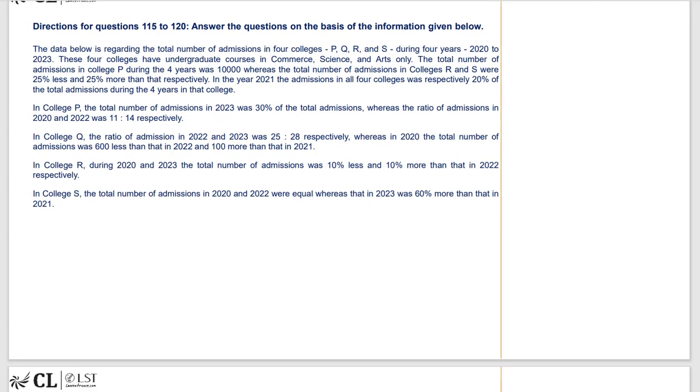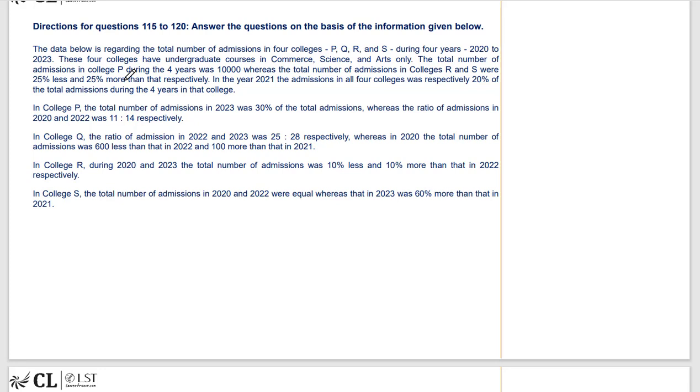Here we have the next set. So the data below is regarding the total number of admissions to 4 colleges P, Q, R, S during 4 years, 2020, 2021, 2022, 2023.